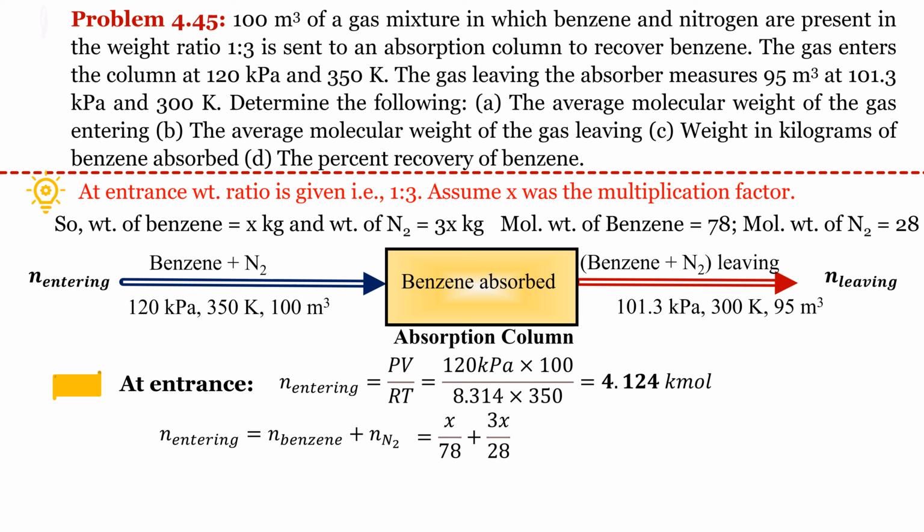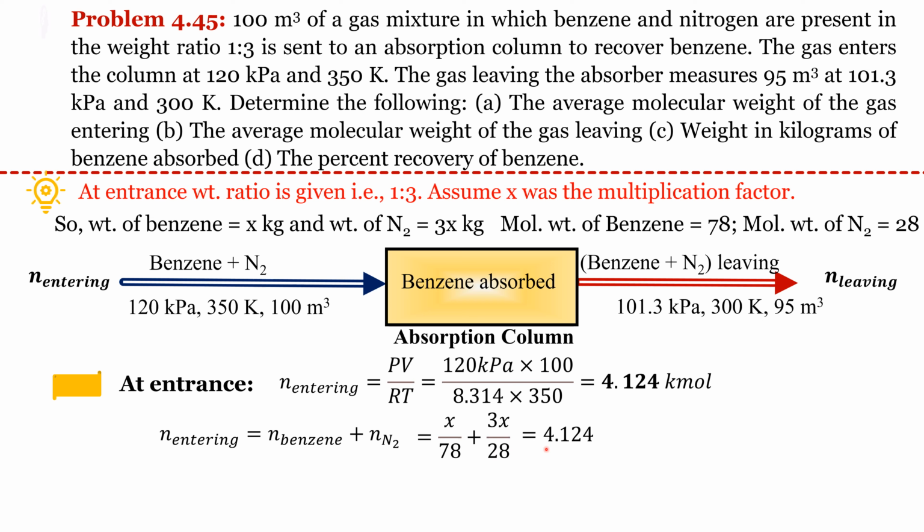Now we can simply write moles of benzene will be equal to weight of benzene, that is x kg, divided by its molecular weight, that is 78. In the same way, moles of nitrogen will be equal to weight of nitrogen, that is 3x kg, divided by its molecular weight.